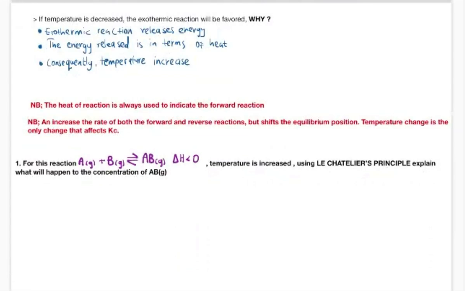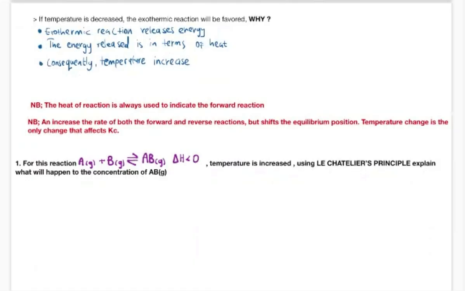So now we're going to talk about when temperature is decreased. If temperature is decreased, the exothermic reaction will be favored. Why? Again, pre-knowledge from grade 11, you know that the exothermic reaction is the reaction that releases energy. The energy is released in terms of heat. So the energy is decreased in the system. So the system will say, okay, let's favor the reaction that will produce heat, in other words, the reaction that will release energy.